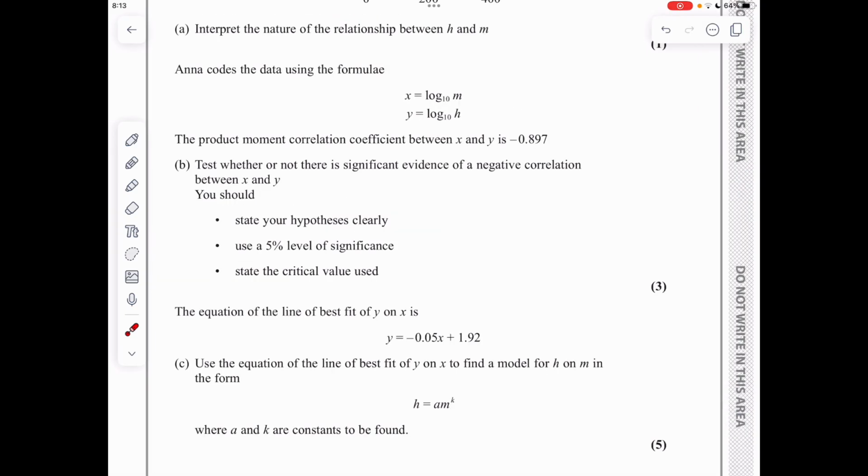So Anna now codes the data using this formula here and finds the product moment correlation coefficient between X and Y to be negative 0.897. We need to test whether there is significant evidence of a negative correlation. We need to state the hypothesis clearly, use a 5% level of significance, and state the critical value used.